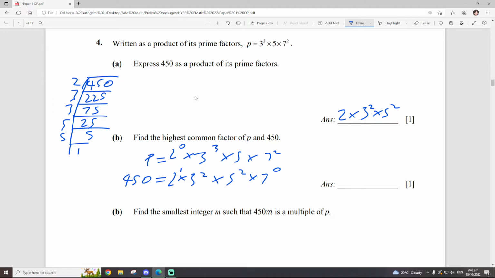When you want the highest common factor, you always pick the smallest power. So we pick 2 to the power 0, 3 squared, 5, and 7 to the power 0. So that will be this times this, which is 45. And in fact, you can write down what P is. P is 27 times 5 times 49, which is 6615. But the highest common factor will be 45.